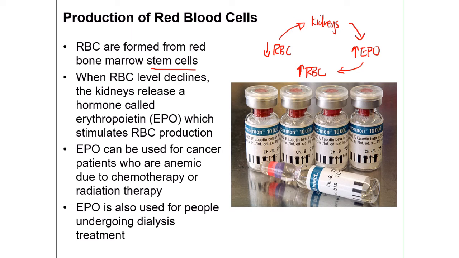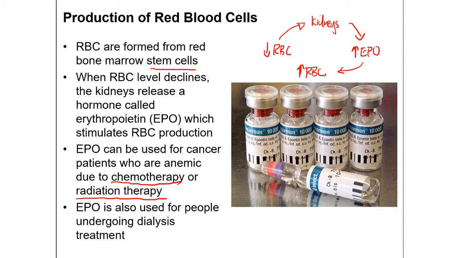So EPO can actually be used for cancer patients who are anemic due to the chemotherapy or radiation therapy. A lot of times the chemotherapy and radiation therapy have significant side effects because they target rapidly dividing cells, right?